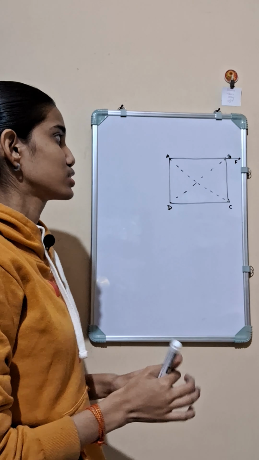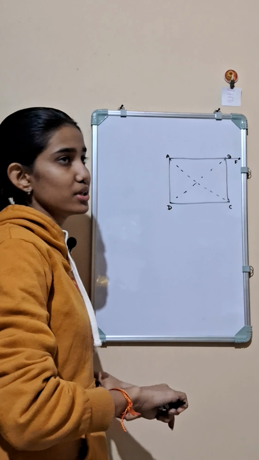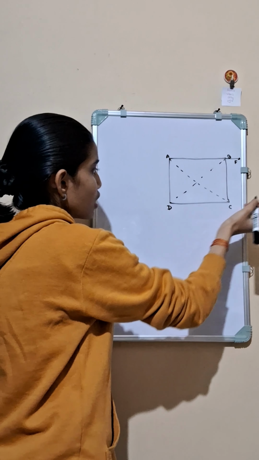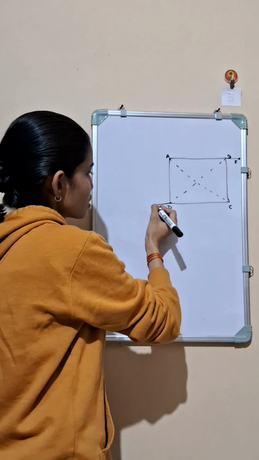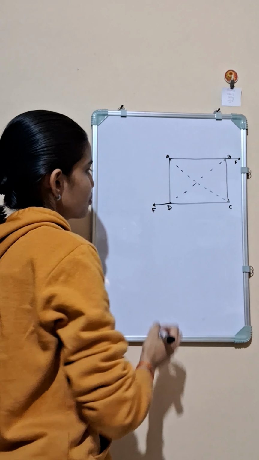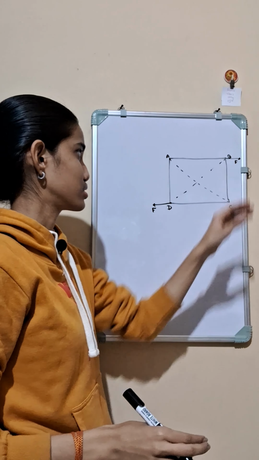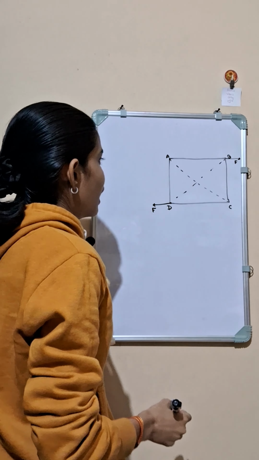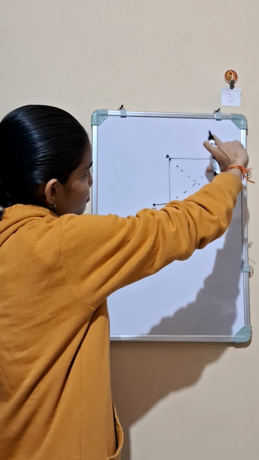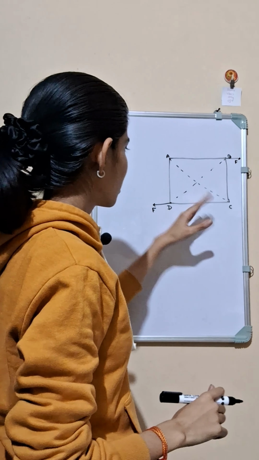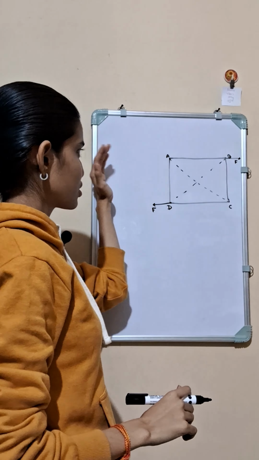As a force is being applied along AB, it should go forward, but it is not doing so because an opposite force along CD is being applied. You can say that it is the reaction force of this F, and now you can see that F is acting in this direction and the force along CD is acting in this direction.